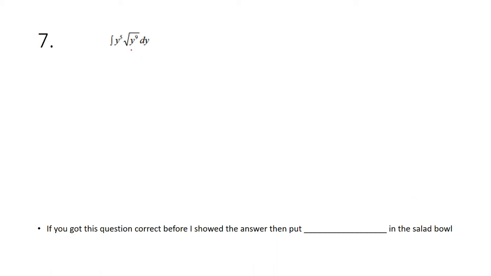This time I have 2 variables, so we need to combine by multiplying our exponents. So this radical, we can write the radical as a fraction. So we have y to the 5th times y to the 9 over 2.